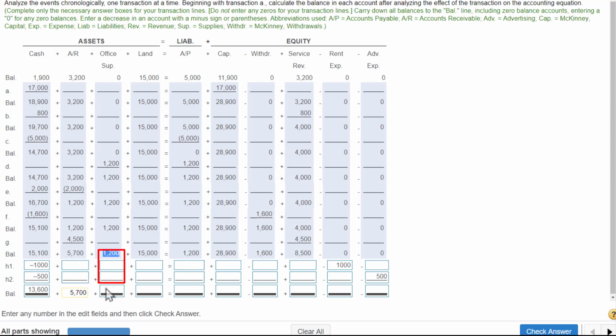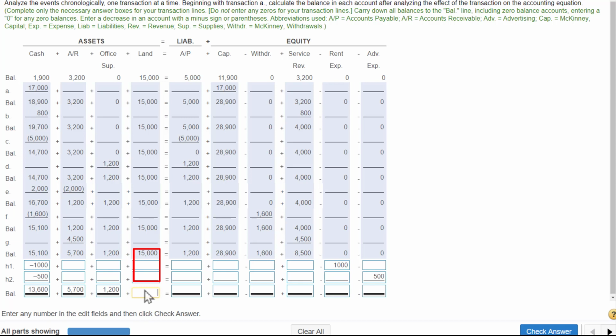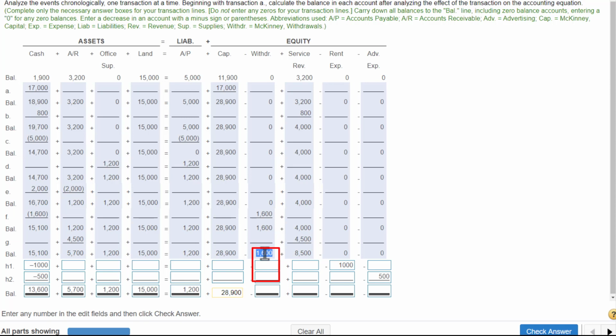Office supplies, 1,200 plus 0 is 1,200. Land, 15,000 plus 0 is 15,000. 1,200 plus 0 is 1,200. Are you tired of me talking yet? 20,900 plus 0 is 20,900. Hopefully you get the gist of things now.